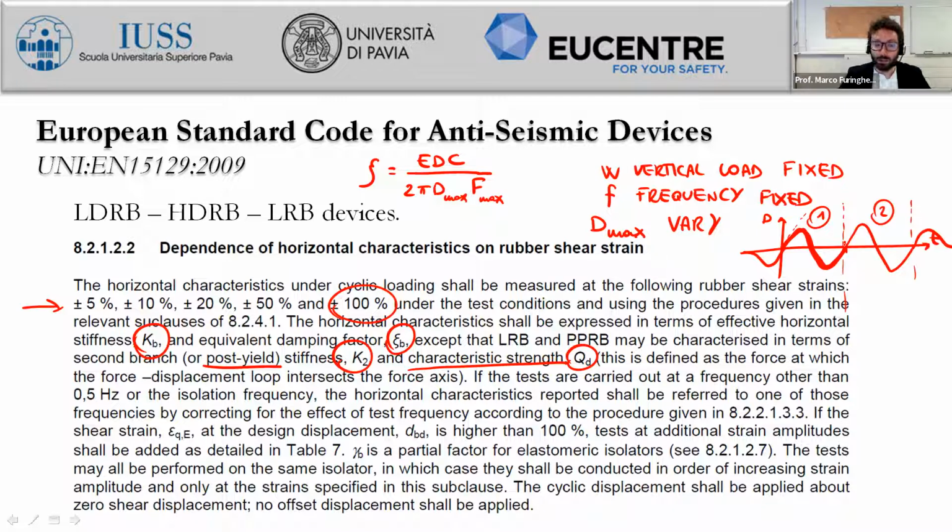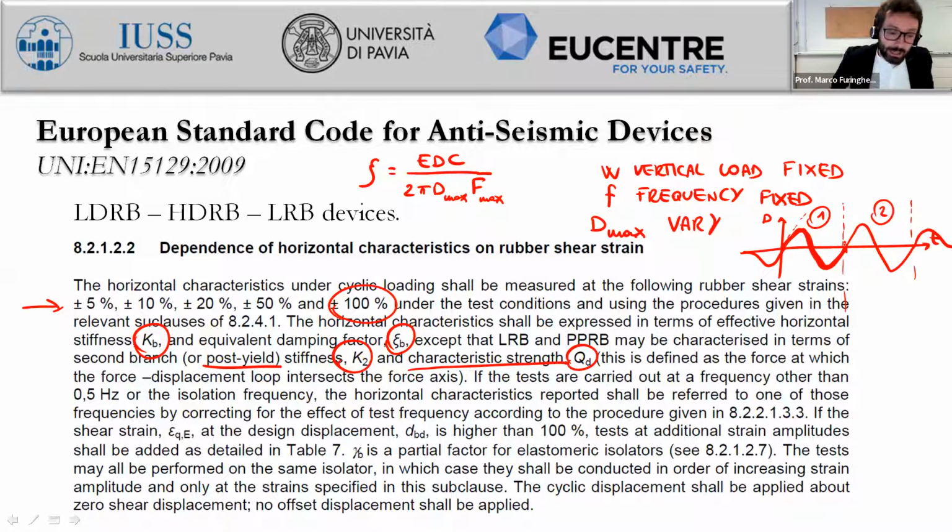But what has been observed is that if we assume this behavior, a fully reversed cycle, also in design, we find exactly the same agreement between a nonlinear time history analysis and easy design rules with just the Jacobsen formulation. So we use it to characterize full-scale devices in the experimental field, but we will use it also in design. On Friday, you will see how to use this particular formulation also for design.